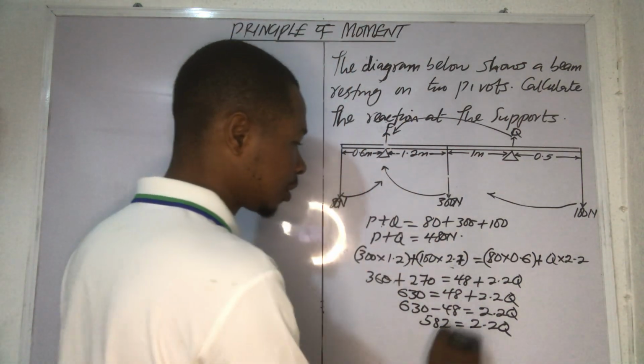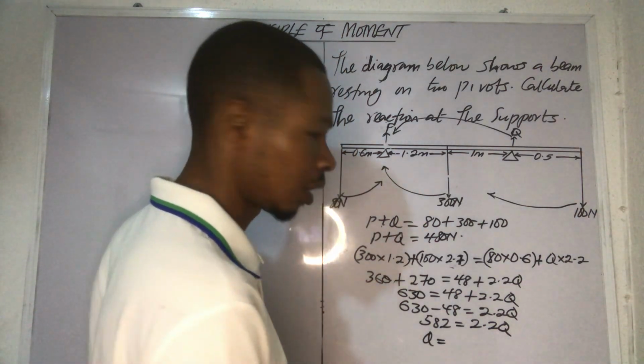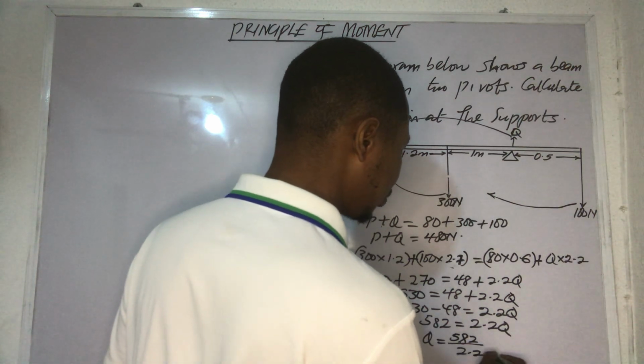Then divide both sides by 2.2 now. My P will now be equal to 582 divided by 2.2.